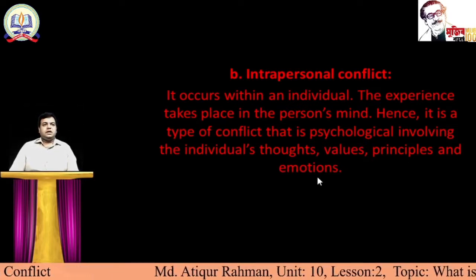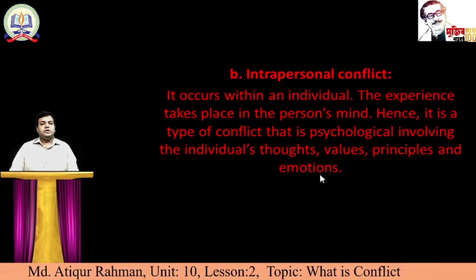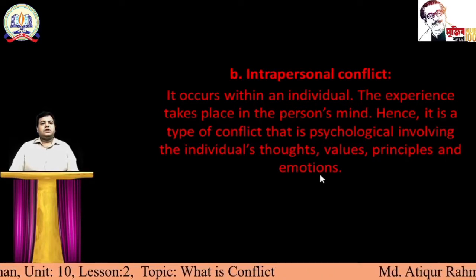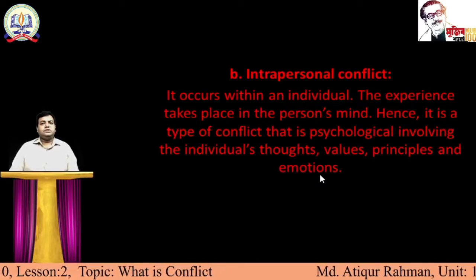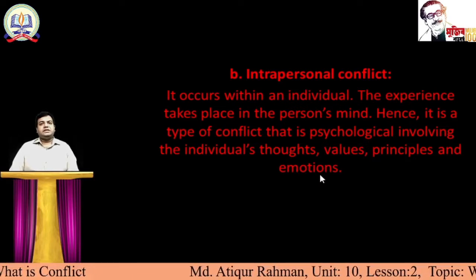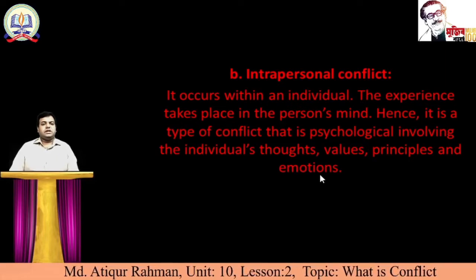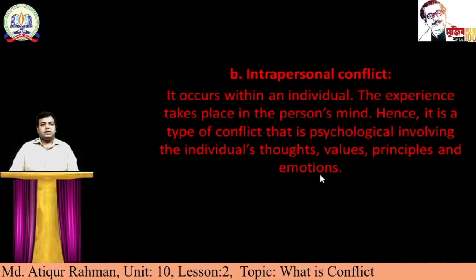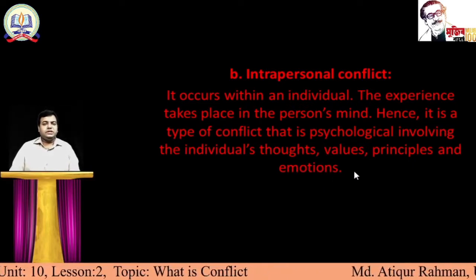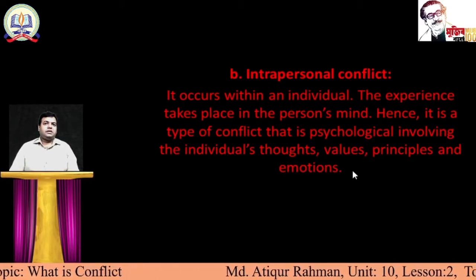That means it happens within a man when he cannot take the decision of what to do, which way he should follow, which ideal he or she should take. Then a conflict arises within himself or herself. It is called intrapersonal, not between two persons. It occurs within the man alone.